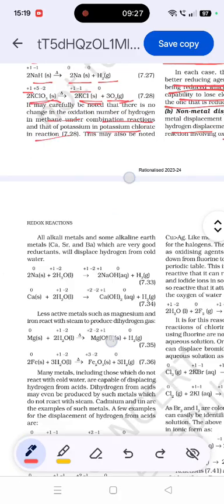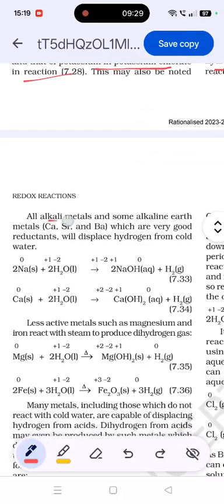Here all alkali metals, that is group 1 metals, and some alkaline earth metals like calcium, strontium, barium, which belong to group 2, are very good reductants. They have a strong tendency to reduce others. So they will displace hydrogen from cold water.